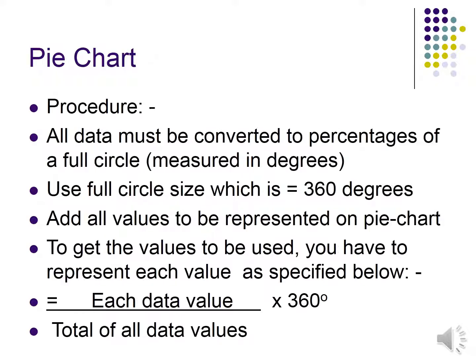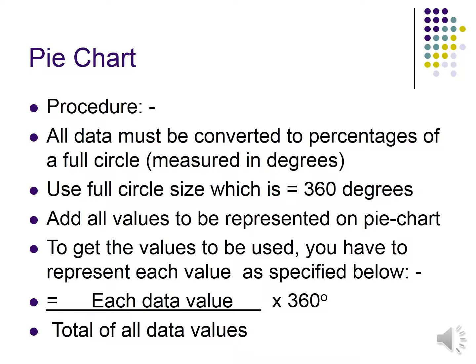And if you look at it, to generate a pie chart, in our next slide, I will bring up the weekly sales data, and you will see you have to convert all your data to degrees, and the full size of a circle is 360.